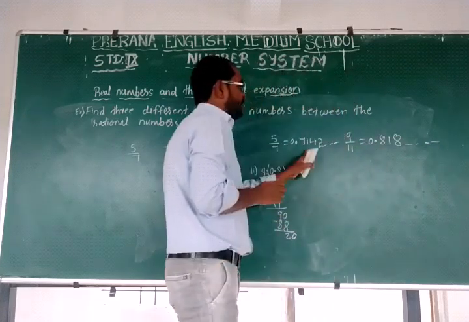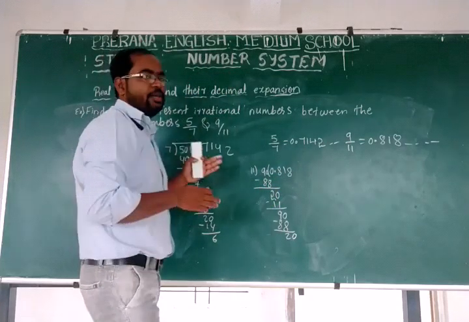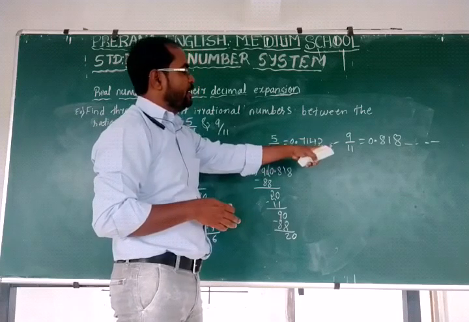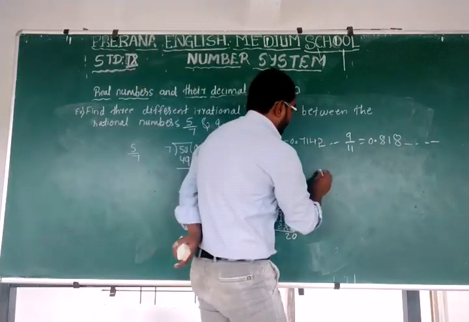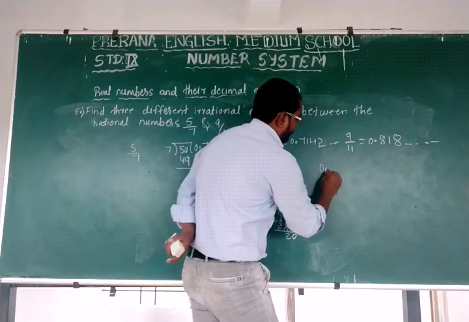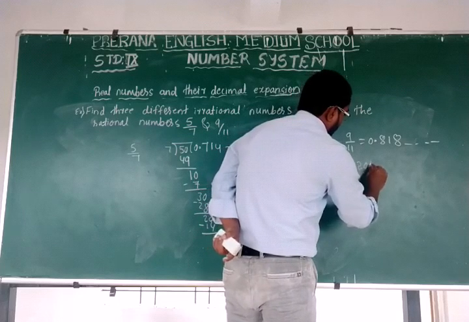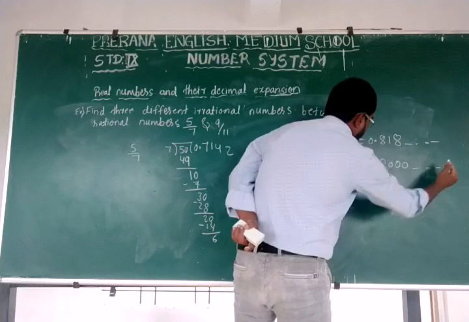So in between these two, write 3 irrational numbers. In between 0.71 and 0.81, we have to write 3 irrational numbers. So write any 3. It may be 0.720, 7200, 72000, like this.